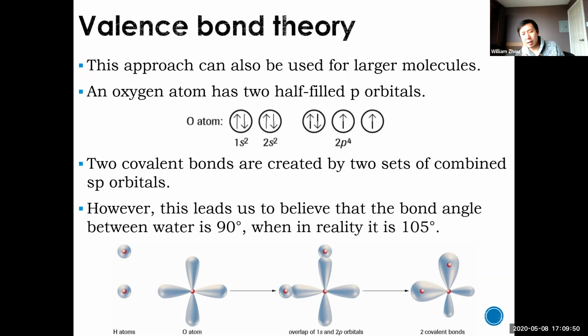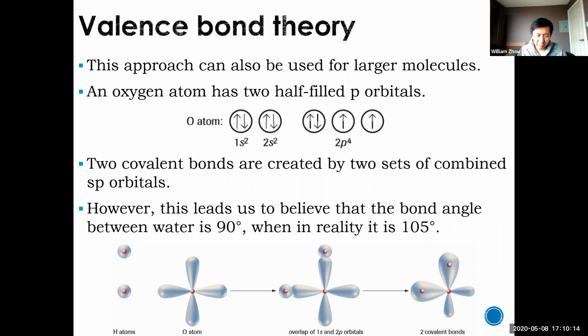And we learned that the p orbitals are 90 degrees from each other. One on the z-axis, one on the x, and one on the y. So they're all 90 degrees from each other. This would suggest that water should have a bond angle of 90 because of the perpendicular p orbitals, as the picture suggests, right?